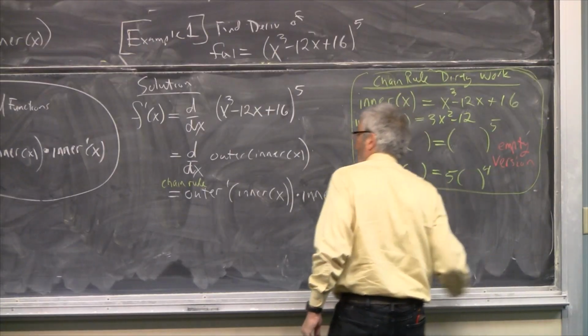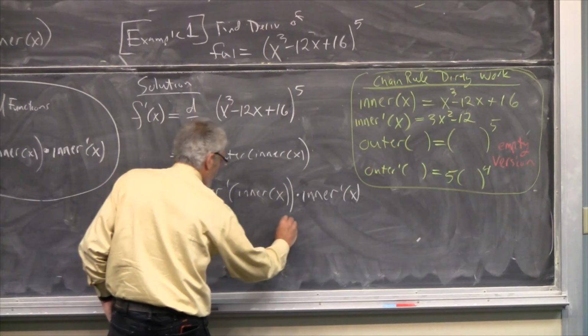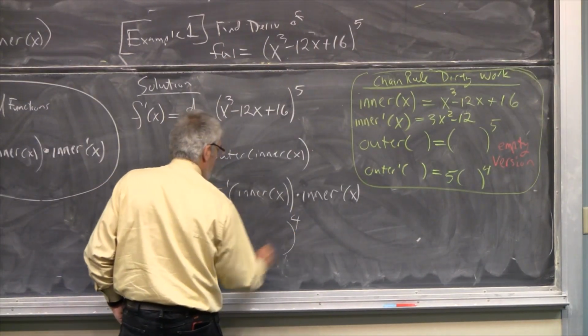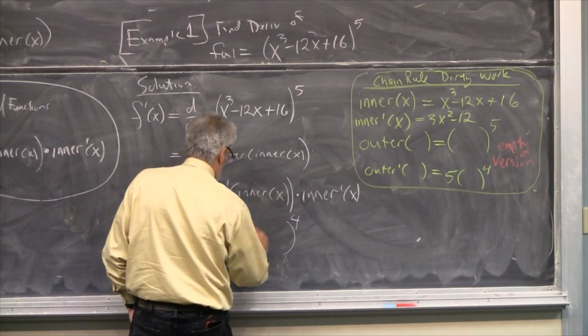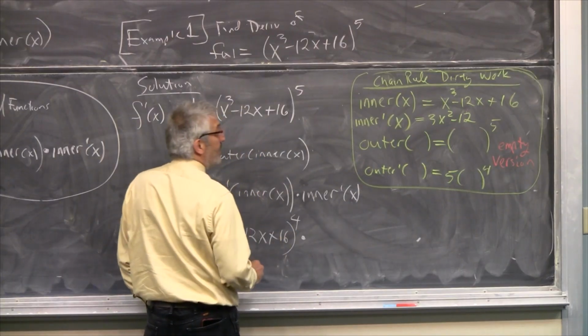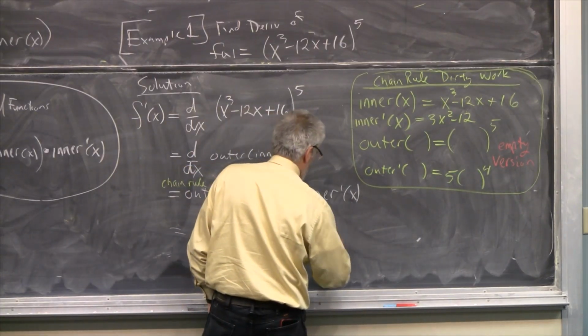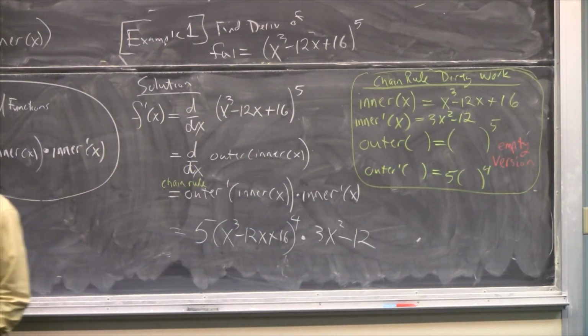And then I assemble my parts. So I have to go get my outer prime, which is 5 times parentheses to the fourth. And I have to stuff them with the original inner function. And then I have to multiply by my inner prime. All right, how did I do?